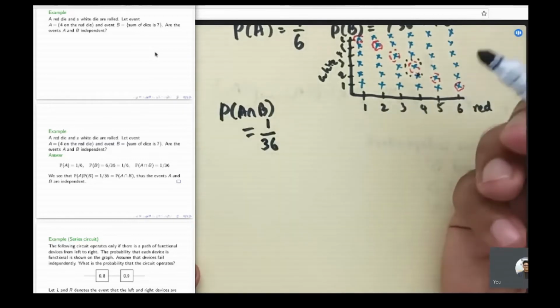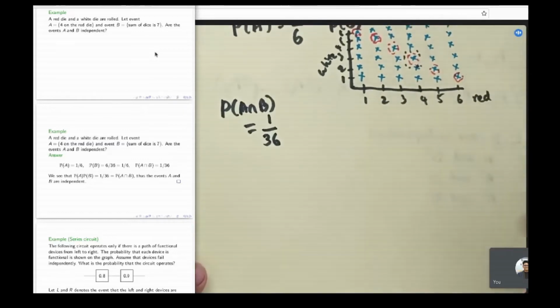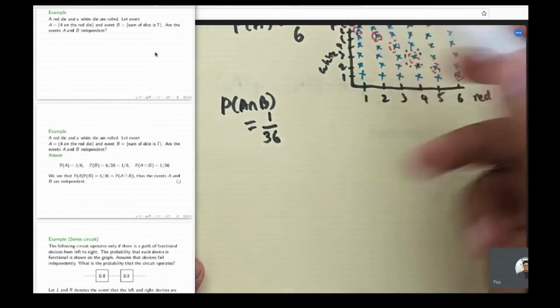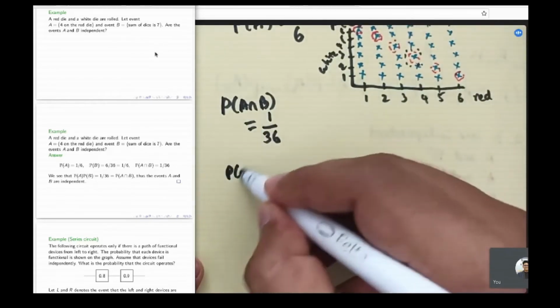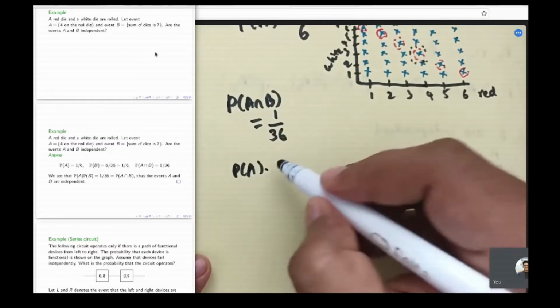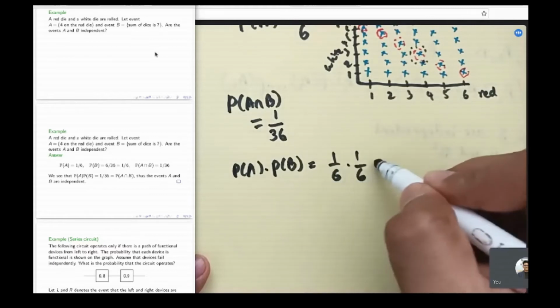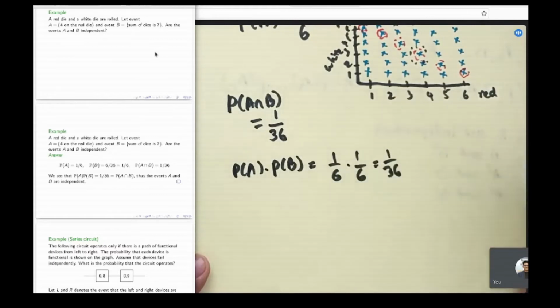1/36. Now, actually, you can easily see that this is equal to PA times PB, because if you take a look at PA dot PB, which is the multiplication of the two probabilities, that's going to be 1/6 times 1/6, and that's 1/36.